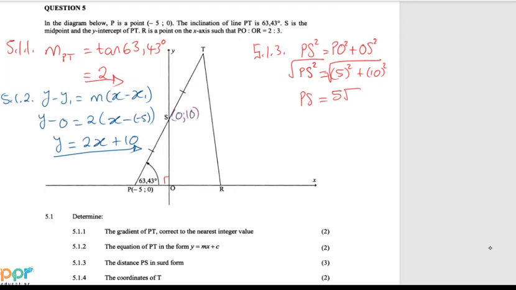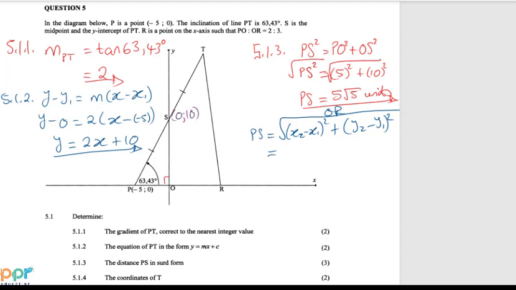So your answer is 5 root 5 units. Or you can use the distance formula. So PS will be given by the square root of x2 minus x1 all squared plus y2 minus y1 all squared. These are the coordinates, and then we can name them.